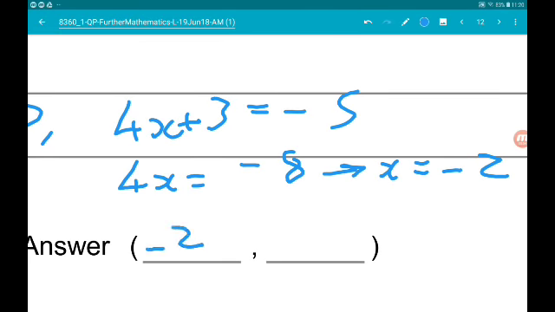How then do we find our y-coordinate? Well, we then substitute our x-coordinate into the equation of the curve. Remember, equations are like recipes. They tell you how to make y when you know what x is.